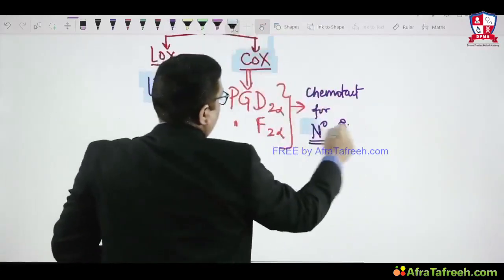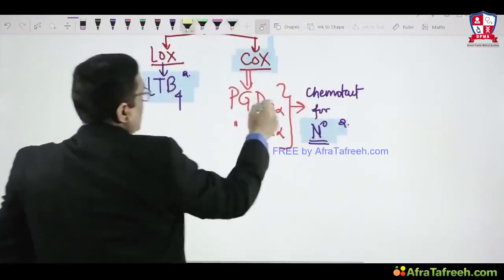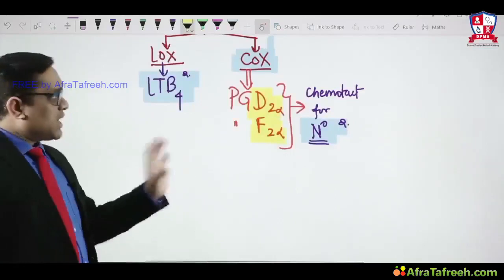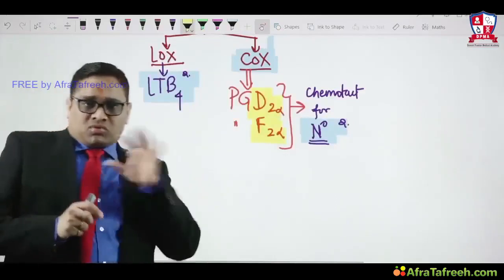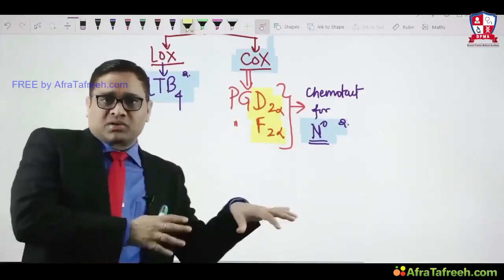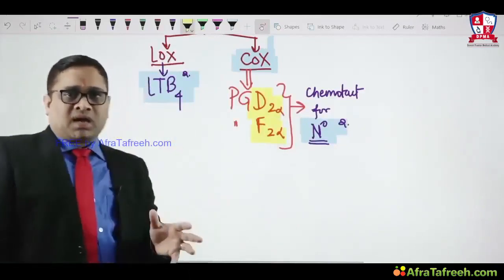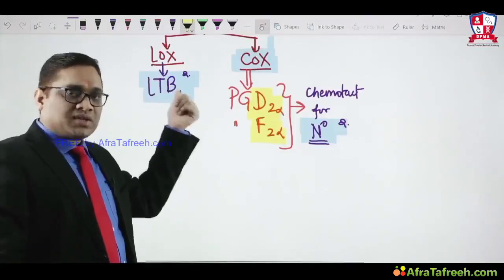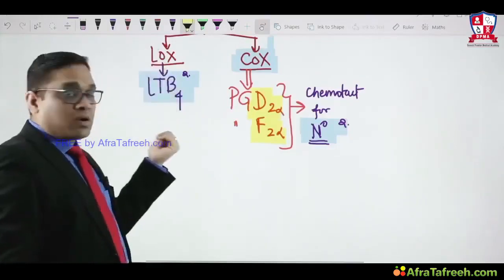So that point we have to keep in mind. For neutrophil chemotaxis, prostaglandin D2 and F2 alpha are important. So be careful during exam time. Don't jump to a conclusion because of your earlier questions. Read the language, what the examiner is talking about. If the examiner is saying lipoxygenase pathway, your answer should be Leukotriene B4, right?